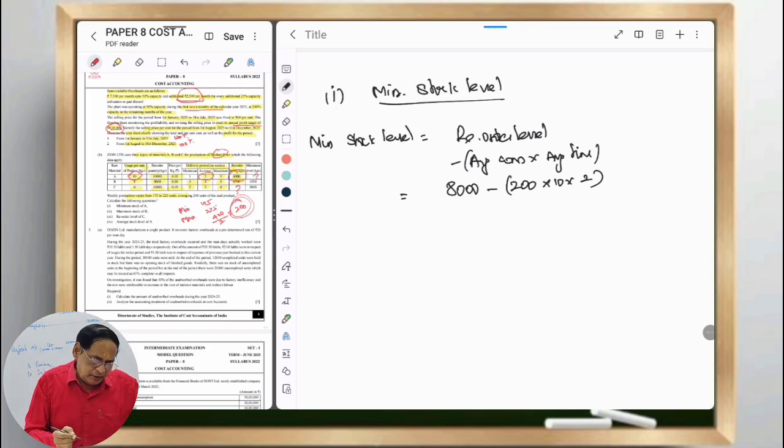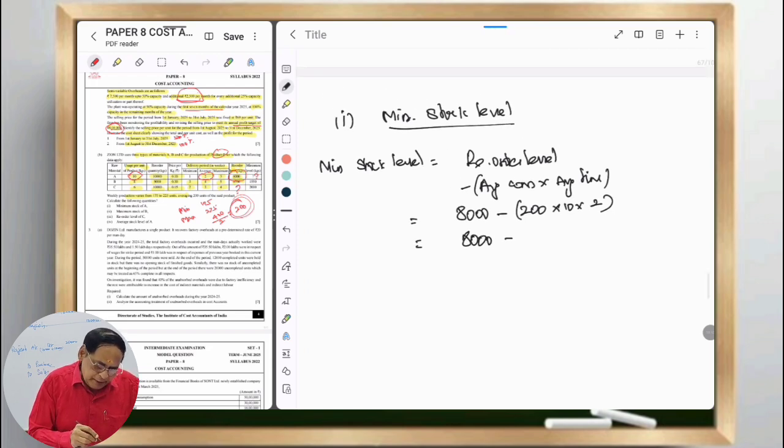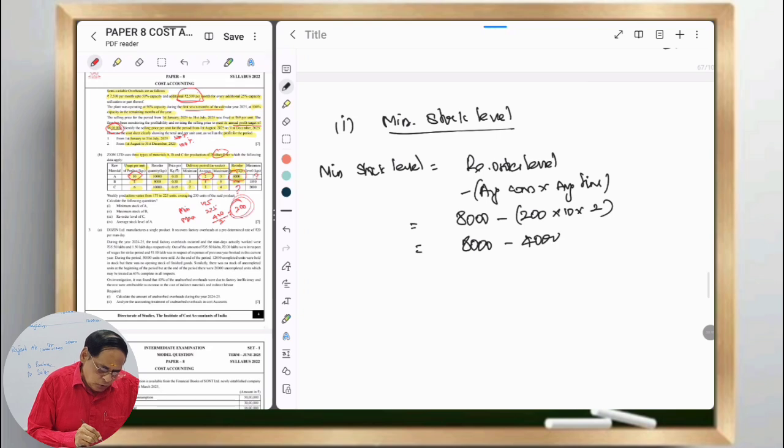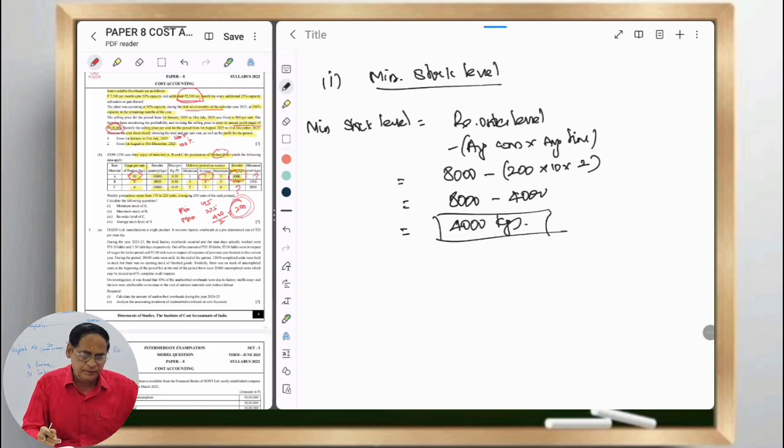So average consumption equals 200 units into 10 into 2 weeks, that is 4,000. So 8,000 minus 4,000, the minimum stock level should be 4,000 kg. That is the correct answer. Please make note of it.